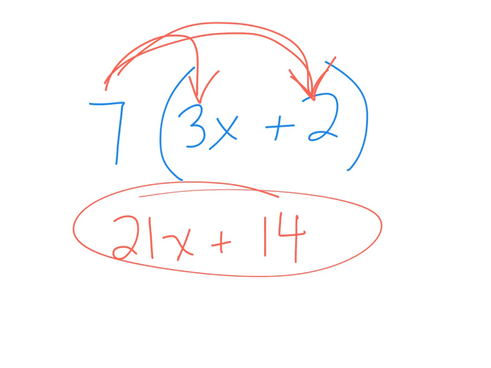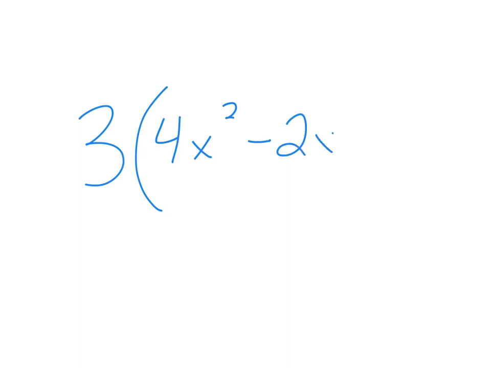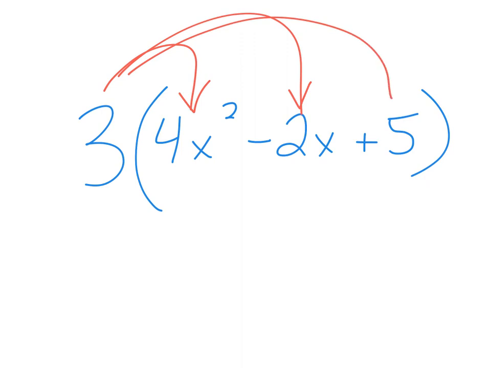Even when you see things a little bit larger, it's the same way to apply that. If I had, say, 3 times (4x squared minus, let's call it, 2x plus 5). We're going to do the exact same thing. We're just going to distribute that 3 to this, and then to this.